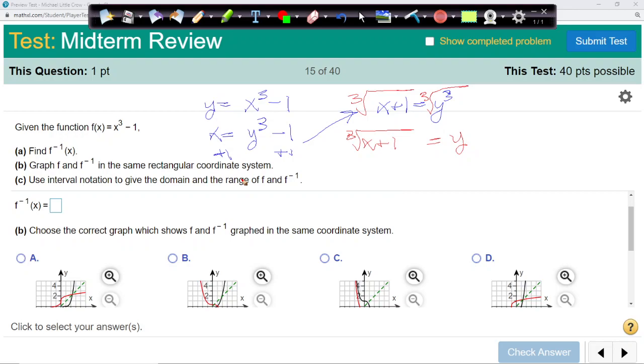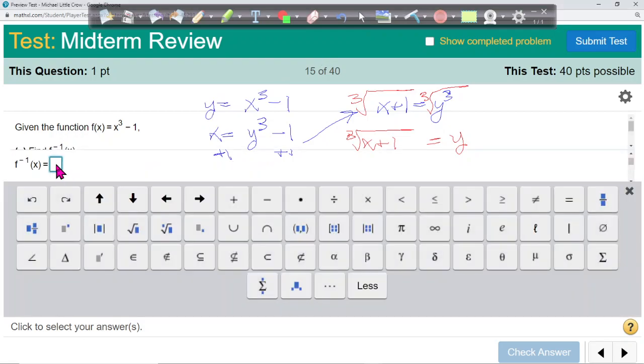Okay, so let's go ahead and write this up for our function, and let's see if they've got, so we want this one, the cube root, and then we can put the 3 there for the cube root and x plus 1. I guess I have to arrow in here, x plus 1. There we go. So that's the first part.